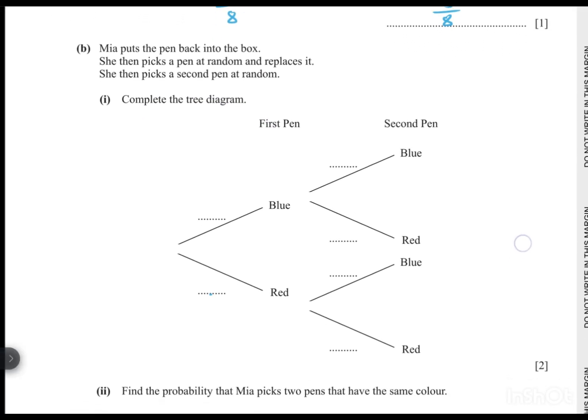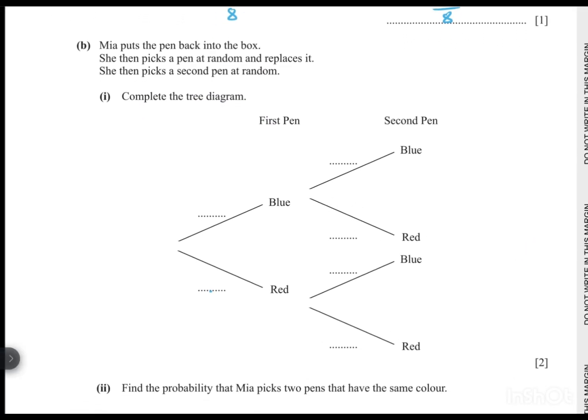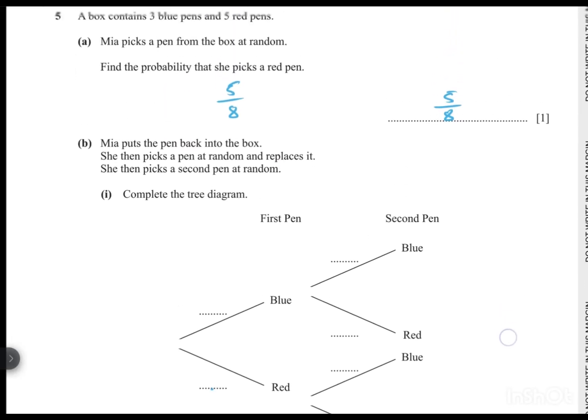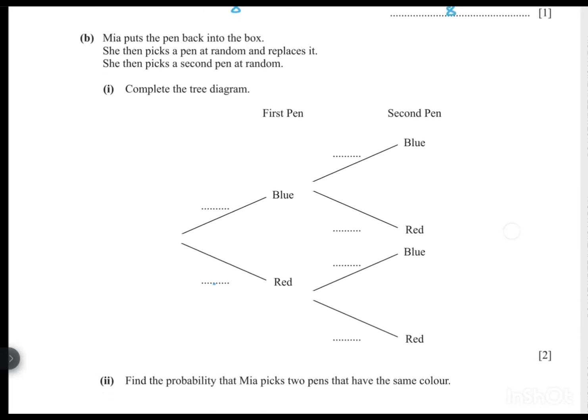So first of all, there are 5 red pens and 3 blue pens. So your diagram should be 3 by 8 here and 5 by 8 here. Same way here 3 by 8, because they are replacing it, you will have to write the same fractions.